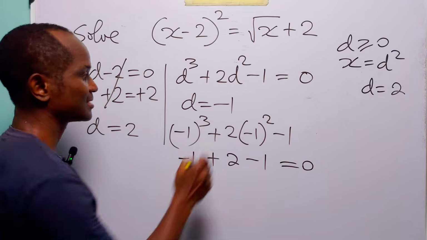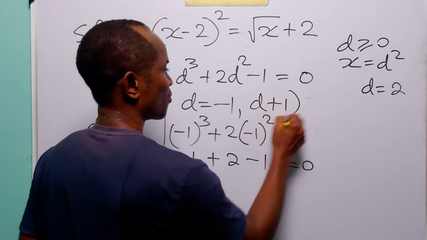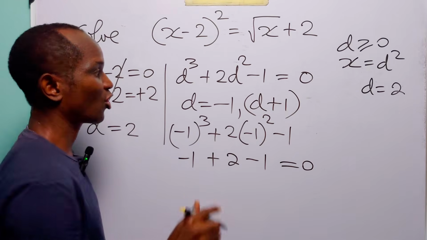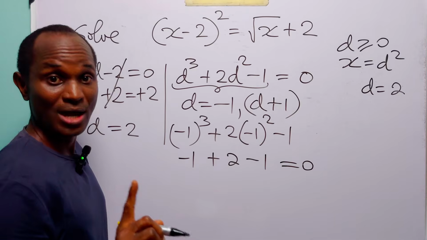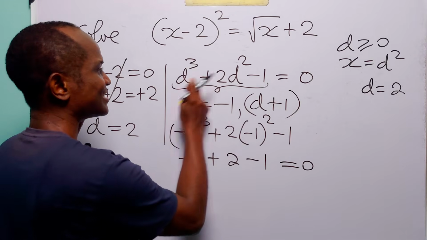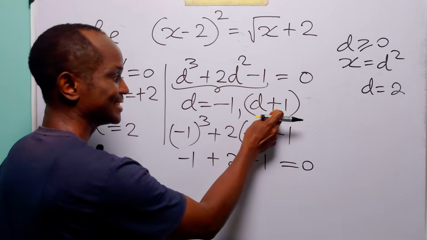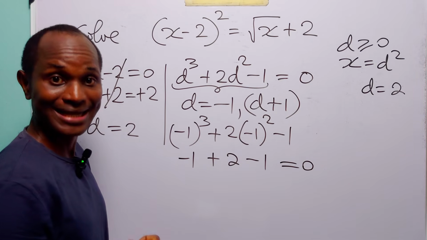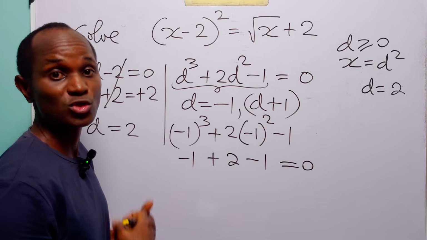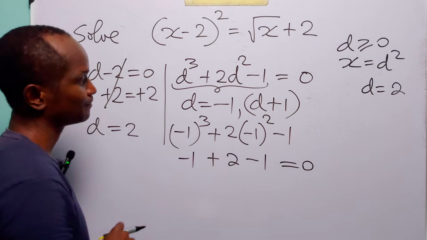And that simply means that d plus 1 is a factor of this cubic expression. So now what we are going to do is divide this cubic expression on the left-hand side by d plus 1 to find the other quadratic factor, which we can then solve for the other values of d that satisfy this cubic equation.